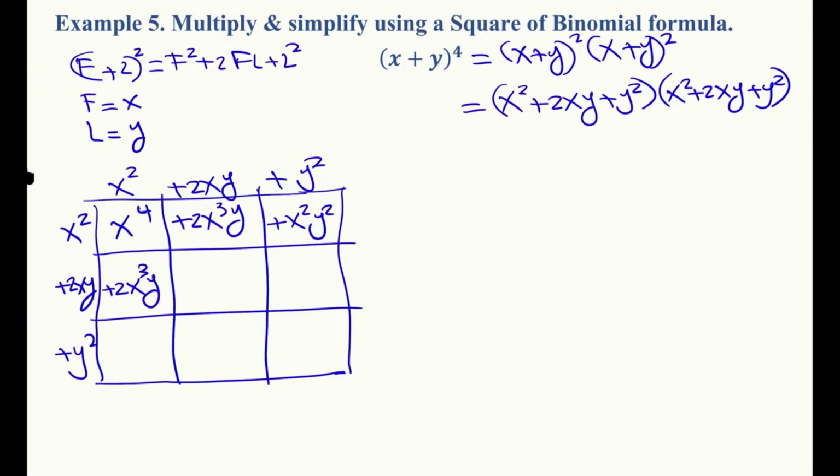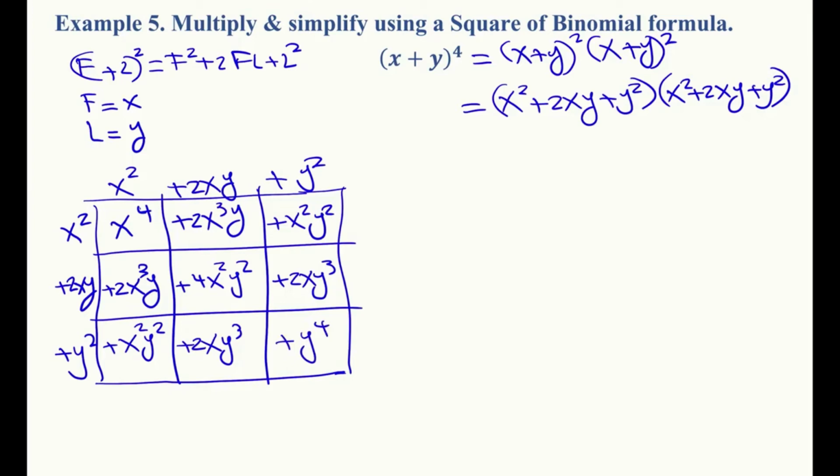The product of those two terms will give us plus 4x squared y squared. Here we're going to get positive 2xy cubed. For these two, we end up with plus x squared y squared. For those two, the product is positive 2xy cubed, and for the last two terms, the product will give us positive y to the 4.